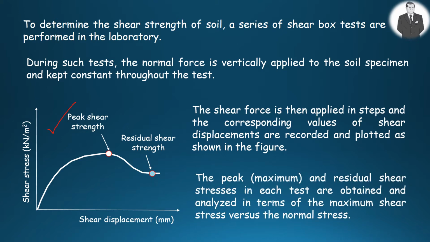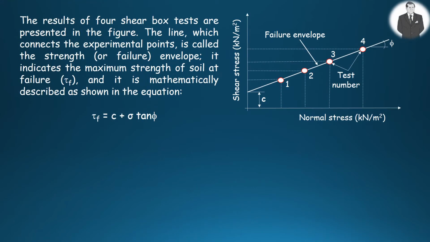The peak and the residual shear stresses in each test are gathered and analyzed in terms of the maximum shear stress against the normal stress. The results of 4 shear box tests are given in the figure here.